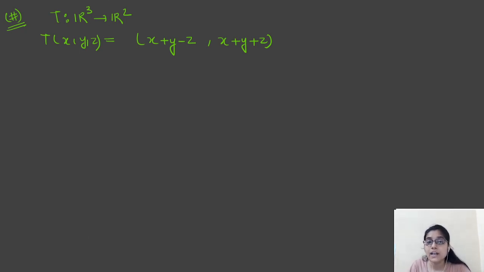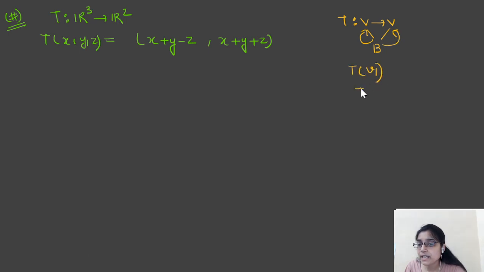Since the vector spaces were the same, we were working on a linear operator. So our work was getting done with just one basis. Why? Because we have the same vector spaces. So this is the basis for this one also, and this is the basis for this one also. So we were just finding the images of the same basis and writing them as a linear combination of this basis only. But here this concept cannot work.